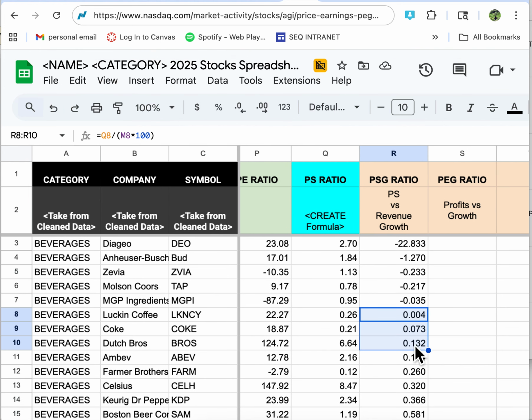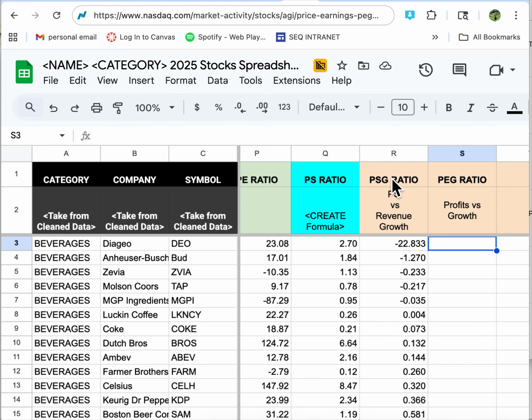You gotta take that with a grain of salt though, because like this one, Luckin, there's a reason why it's a little bit lower, and that's because in the past they had a scandal that looks bad, and they're also on a less regulated kind of platform.